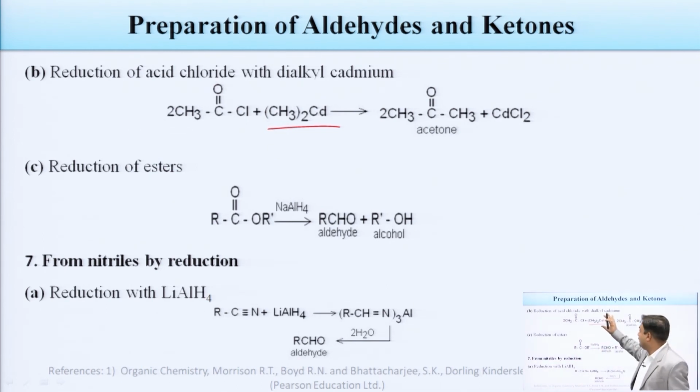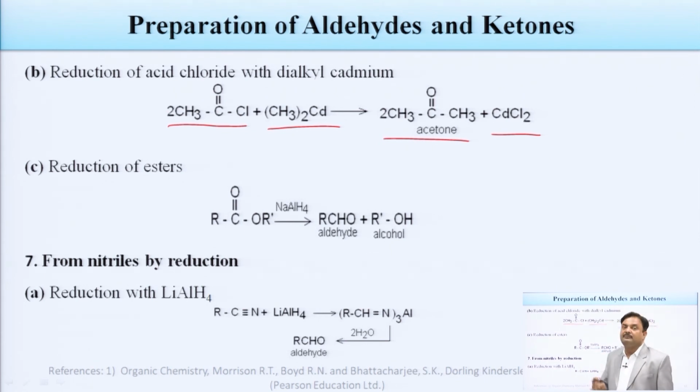That dialkyl cadmium brings about the reduction of the acid chlorides, and we are getting acetone along with the cadmium chlorides. So, we just changed the reducing agent in this particular reaction. Dialkyl cadmium is being used as a reducing agent.